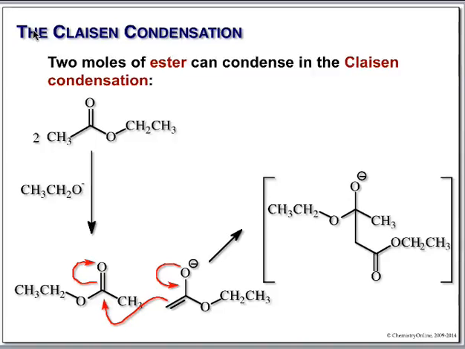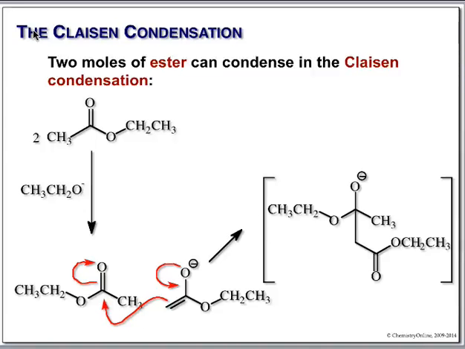Remember chapter 21. Our leaving group here from our tetrahedral intermediate is going to be ethoxide, isn't it? Now remember, we're swimming in an ocean of ethoxide, so that's okay. So when this collapses, it's going to kick out the ethoxide.